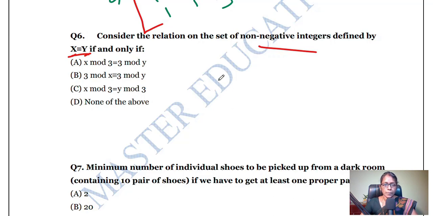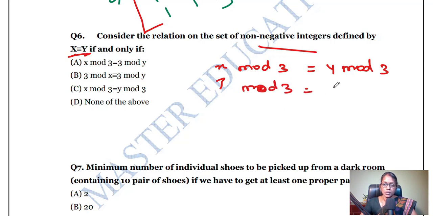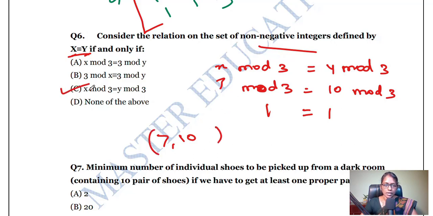For example, 7 mod 3 equals 10 mod 3. 7 mod 3 is 1, and 10 mod 3, what is the remainder? Here also 1. So 7, 10 is congruent to this. So option C is the correct answer.